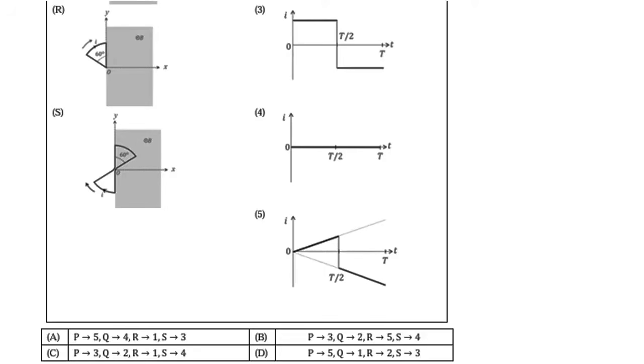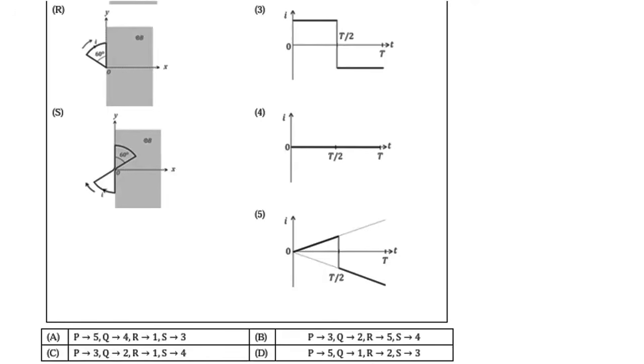And there is a word used here, induced current. You may think that Lenz's law will be applied here, but they have not mentioned whether to take the direction of anti-clockwise current as positive or clockwise current as positive. So taking all the conclusions, option 3 is the best option. So for P, it becomes option number 3.